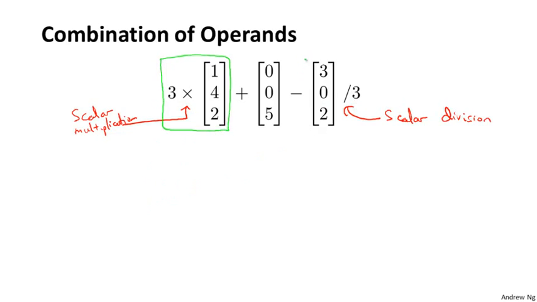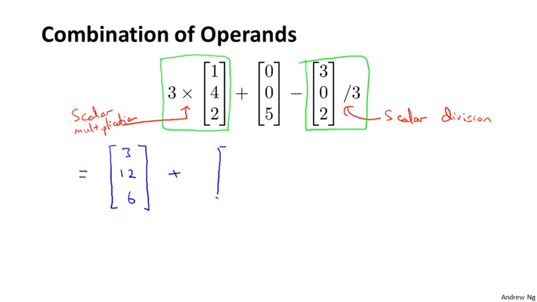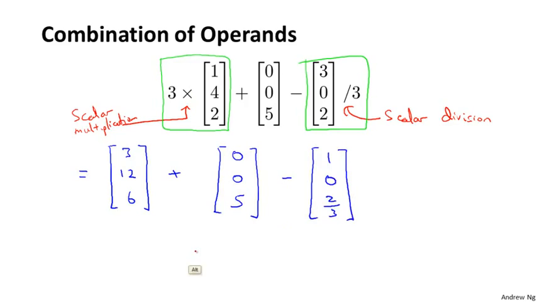these two operations first, then this thing is equal to 3 times that vector, which is 3, 12, 6, plus my vector in the middle, which is 0, 0, 5, minus 1, 0, 2/3. And again, just to make sure we understand what's going on here, this plus symbol is matrix addition.